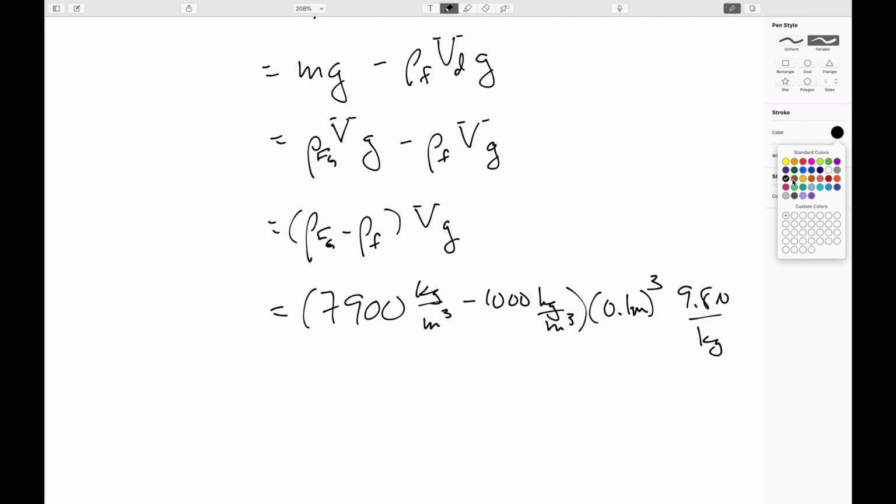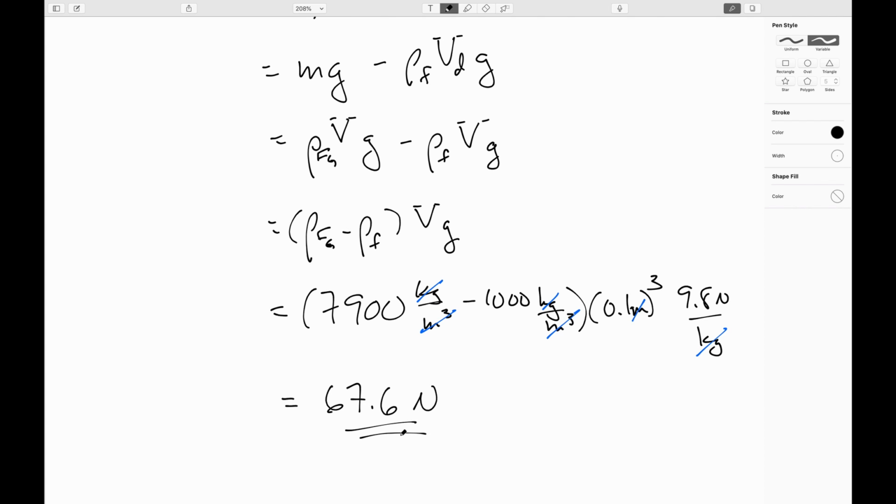All right, well, I have meters cubed there, so they'll cancel the cubic meters. Kilograms cancel kilograms there. That's all good. I'm left with newtons. And I get that instead of reading 79 newtons-ish, like you would think, a little under, you instead read 67.6 newtons.